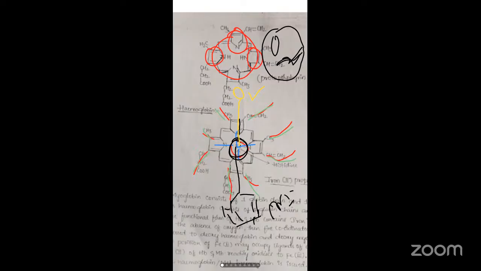In oxyhemoglobin, the globin chain transports the oxygen from one place to various parts of the living being.